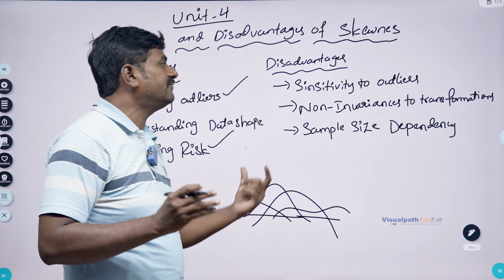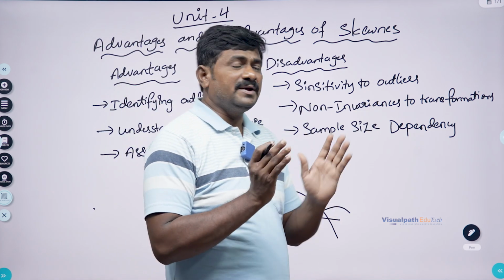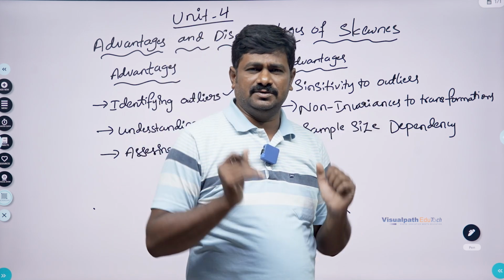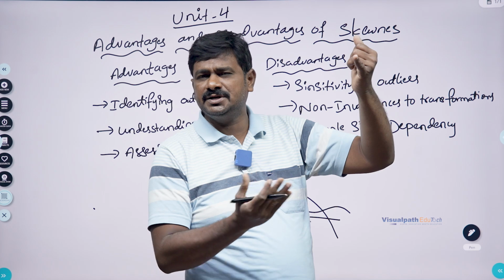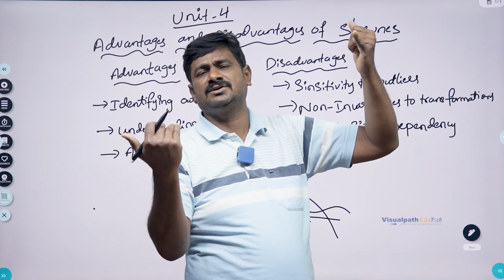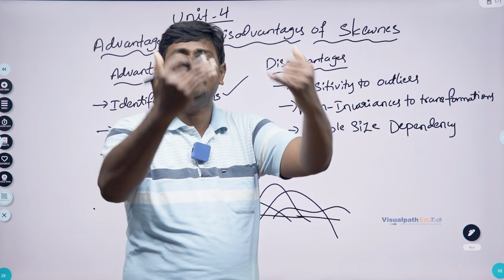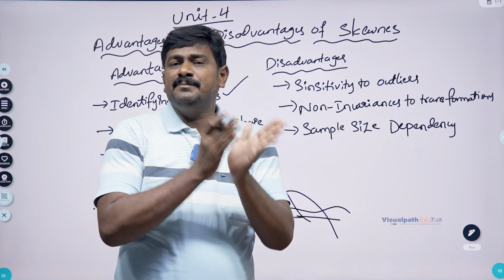Similarly, we have some disadvantages. The first is sensitivity to outliers. We identify the outlier because of extreme values, meaning the upper limit and lower limit of the distribution. These extreme values affect the total shape of the curve, so we may be misled in the results.